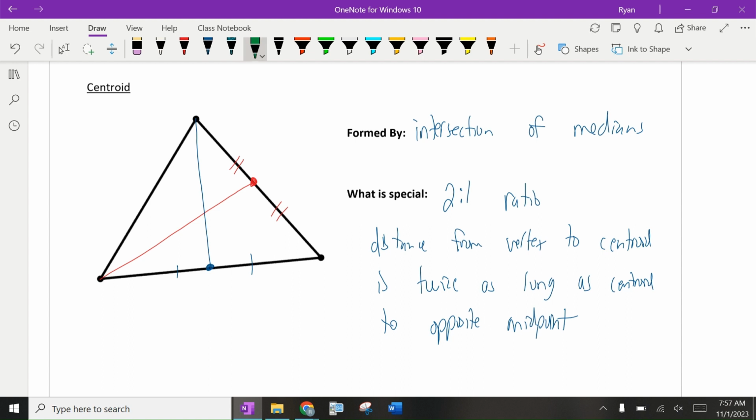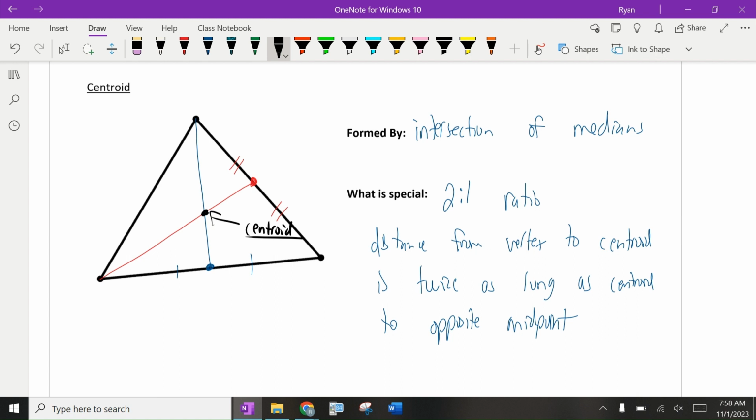What I am going to do, though, is talk about this 2-to-1 ratio. So this point where they intersect is called the centroid. That is the centroid. So then as you look at this red median, we have a 2-to-1 ratio there.